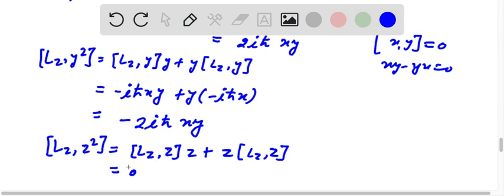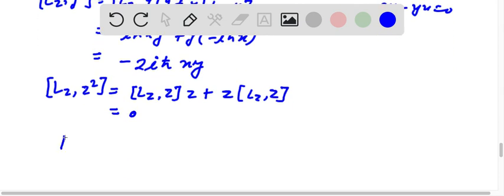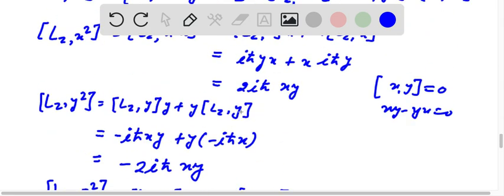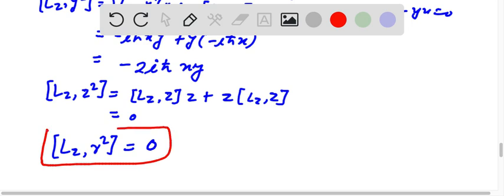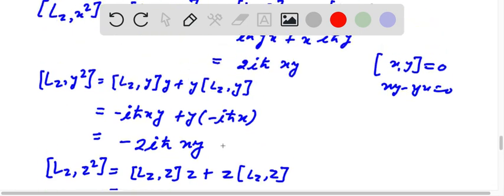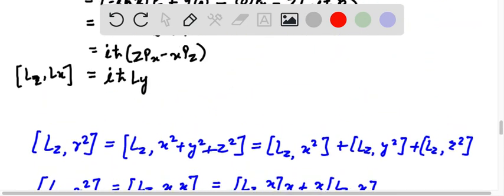So hence Lz with r square is equal to plus 2iħ xy and this is minus, so hence this will be 0. So this is part C.